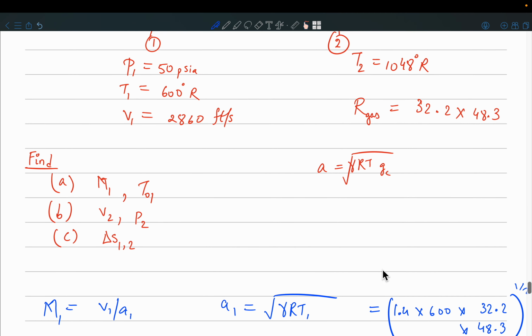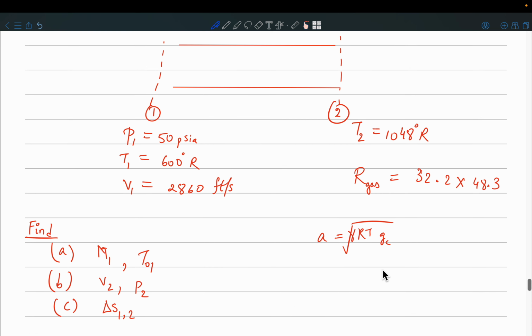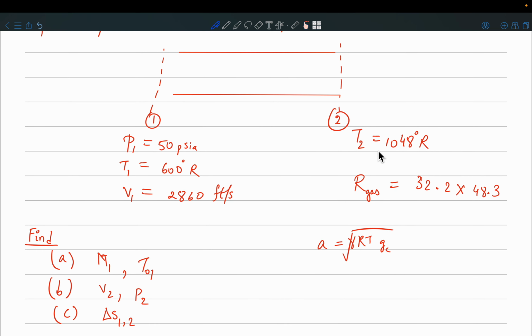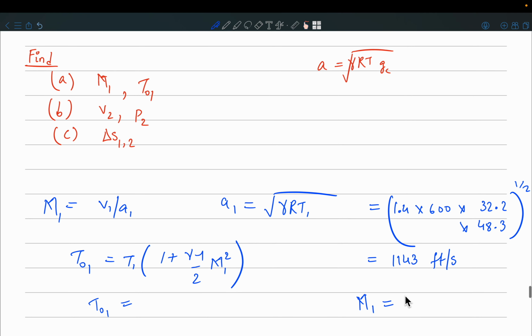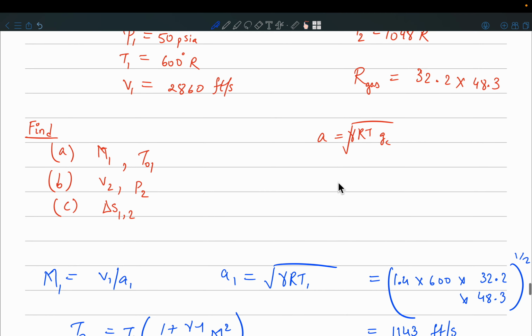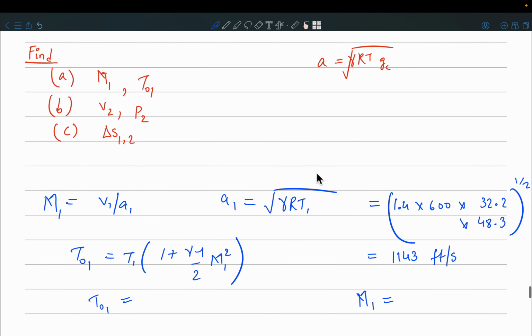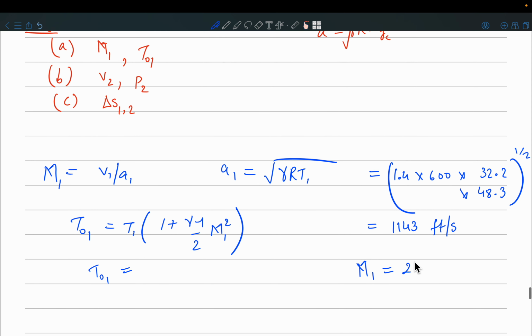Yeah, the given is V1 by A1. So you know V1, so now you can just calculate M1. V1 is 2860.